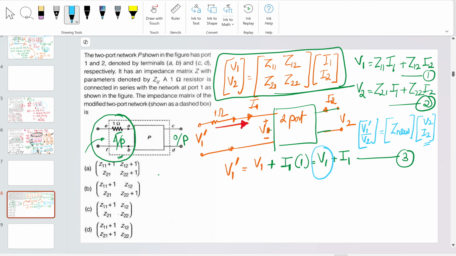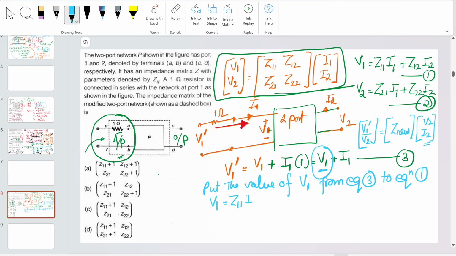Okay, try to put the value of V1 in terms of V1 dash from equation 3 into equation 1. What was the initial? V1 is equal to Z11 I1 plus Z12 I2.